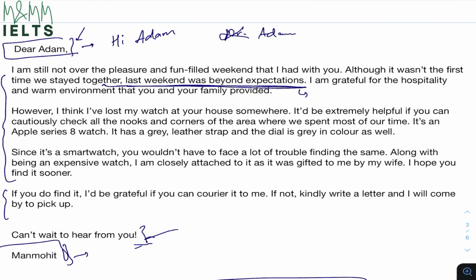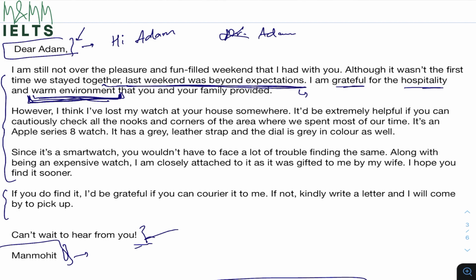I'm grateful for the hospitality and warm environment that you and your family provided. Now, if you look over here, the vocabulary words that I've used are not just grateful and hospitality. Even the words warm environment are a phrase, and it's a good phrase.